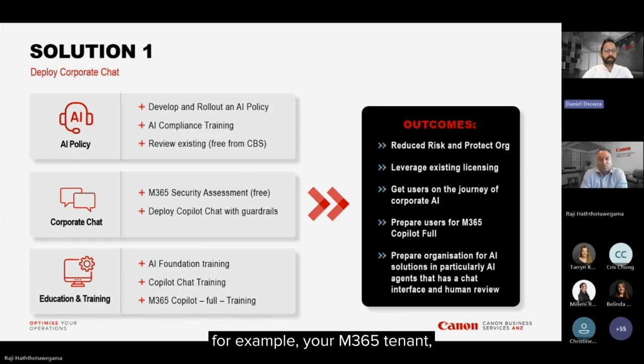It sits within, for example, your M365 tenant. And so you need to understand what security controls you already have in place currently in there. Do you have things like multi-factor authentication in place? Do you have data loss prevention configurations in place? How have you set up all of that tooling in the background before you even start deploying AI agents or start using this technology in any form?